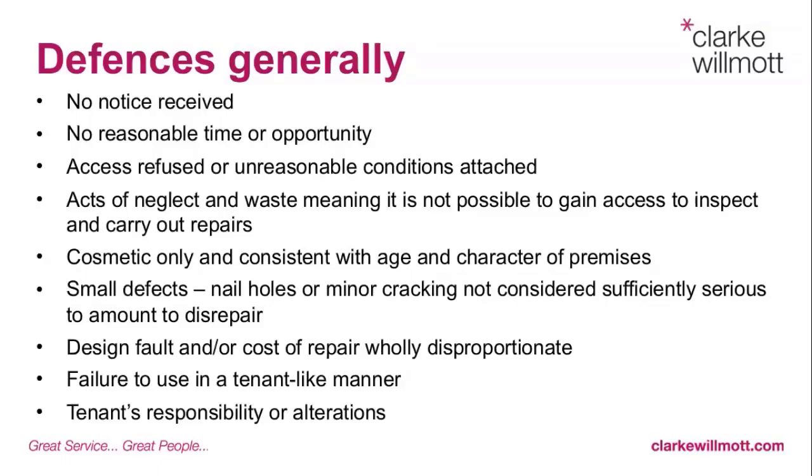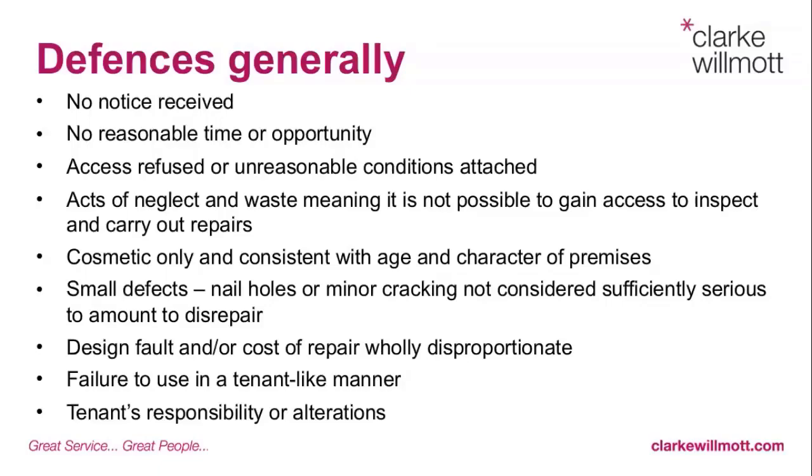And the last two defences are very straightforward, which you'll all be familiar with. If it's a failure by the tenant to use the property in a tenant-like manner, of course that might mean failing to ventilate the property, resulting in mould. It might mean damaging your own door, for example, etc. And then you've got, lastly, defects that are the tenant's responsibility.